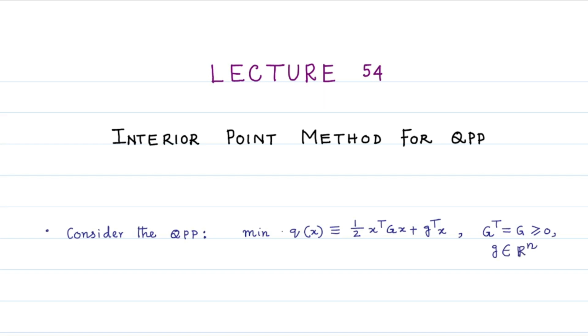We have to minimize this quadratic function subject to a set of linear inequalities given by Ax minus b greater than or equal to 0. Here, as usual, the vector x is the generic variable vector, and x belongs to the n-dimensional Euclidean space R^n.